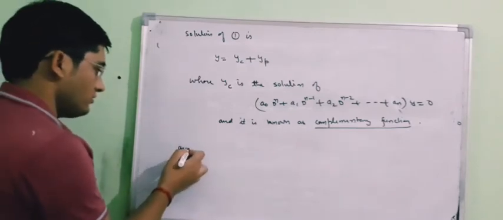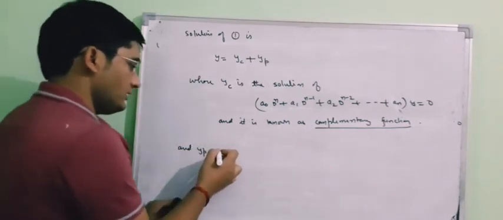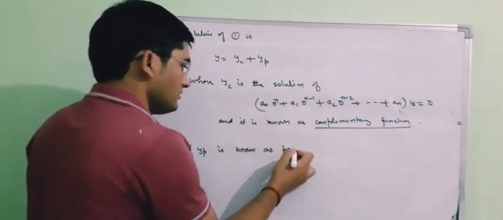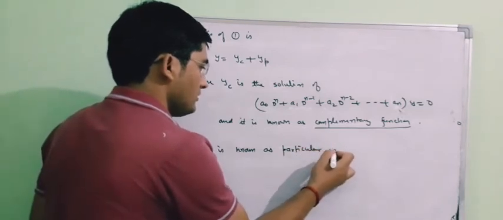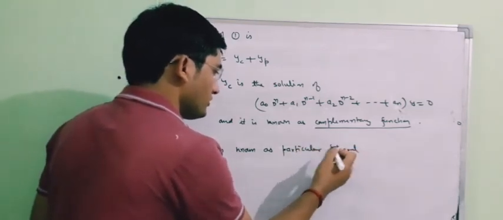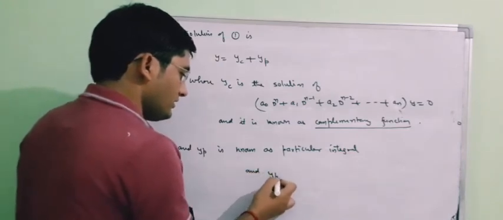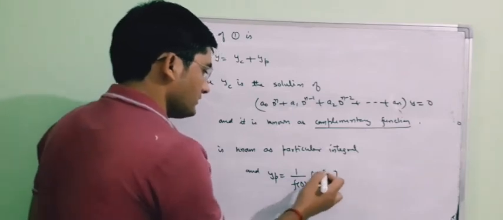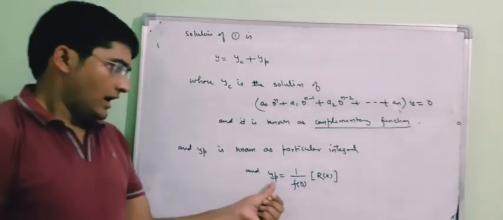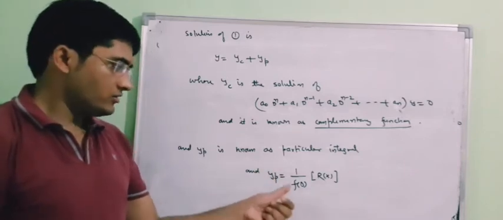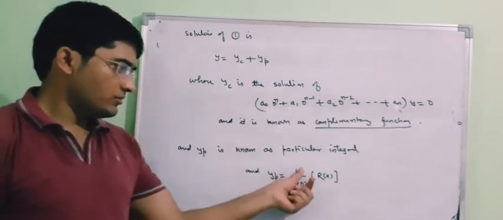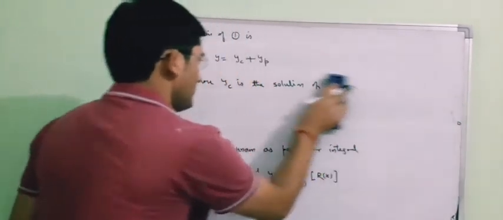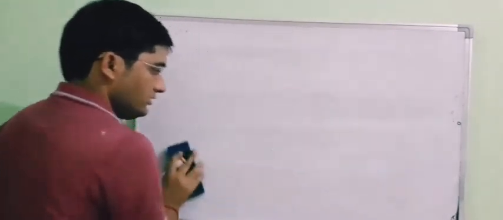And yp is known as the particular integral, and yp is equal to 1 upon f(D) of r(x). This is the value of yp. I will discuss this yp in detail later on, but here you can see that yp will be 1 by f(D) of r(x). Now what is 1 by f(D)? I will discuss it in detail.